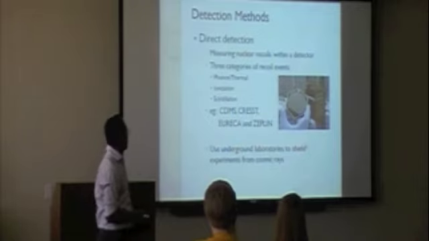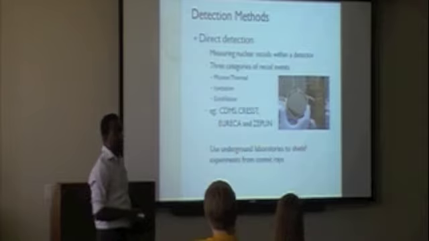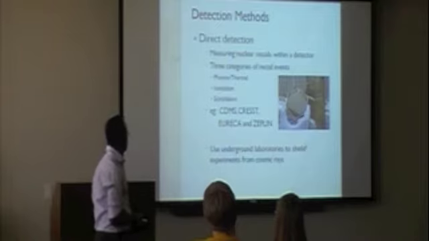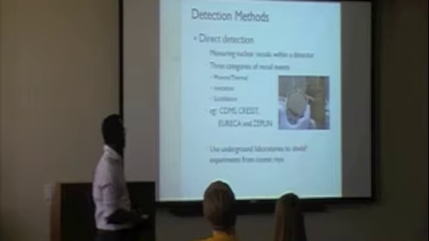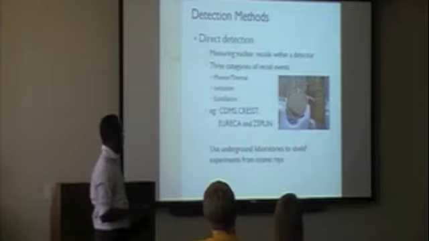We count the number of these recoil events to set limits on dark matter. CDMS, CRESST, EDELWEISS, and SuperCDMS are some experiments that use the direct detection method. Most of these experiments are done in underground laboratories to prevent cosmic background.